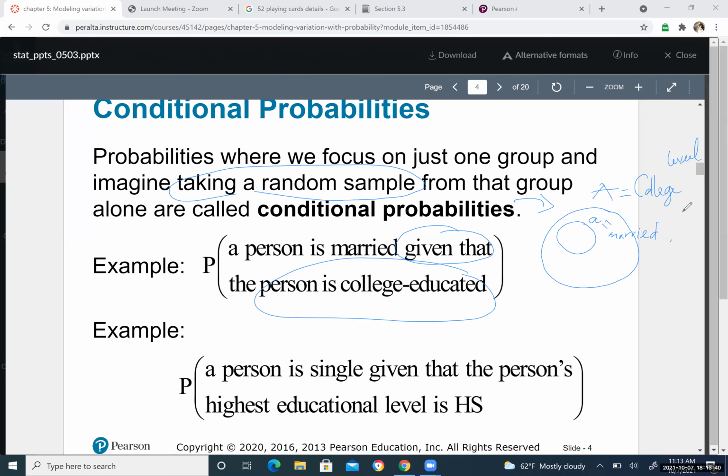And then they're talking about a smaller group, which is the person is single, right? So that means you find the probability of the people who are single in the high school level group. Okay. Any question before I move on?